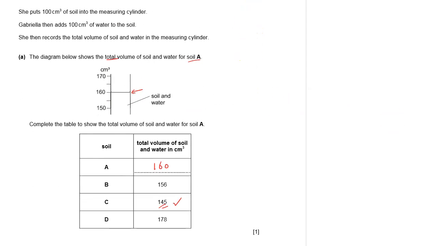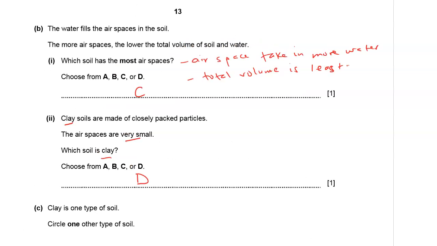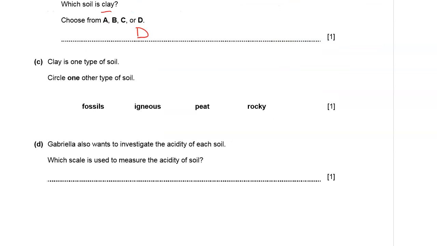D has got the greatest total volume of soil and water, meaning only a little amount of water occupied the air spaces. Therefore, the volume is great in D. Clay is one type of soil. Circle one other type of soil. The other type of soil is peat.